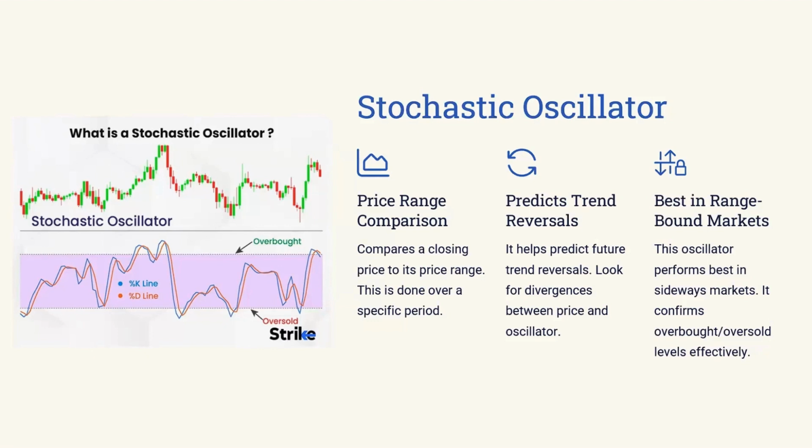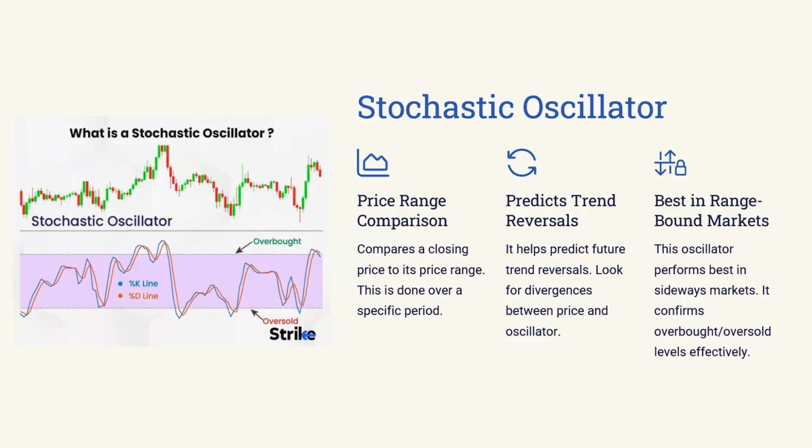Best in range-bound markets. This indicator performs best in sideways markets, unlike trend-following indicators. The indicator tends to be particularly effective in markets that are consolidating or moving sideways within a defined range.